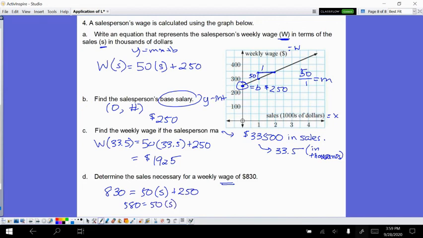We can divide both sides by 50. And it tells us our sales would be 11.6. Remembering those are in thousands of dollars, that tells us we would need to sell $11,600 worth of merchandise to earn that salary.